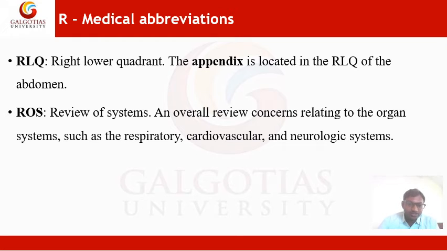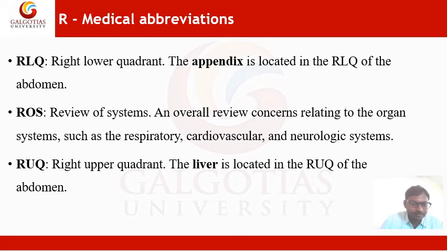ROS, review of systems, an overall review of concerns relating to organ symptoms such as respiratory, cardiovascular and neurologic systems. For example, one patient went to the hospital with back pain, so they review the complete system of the spinal bones. That is the ROS.